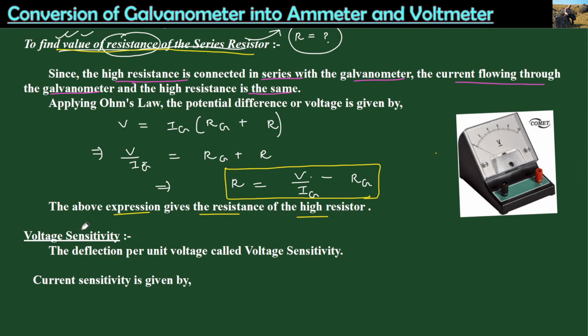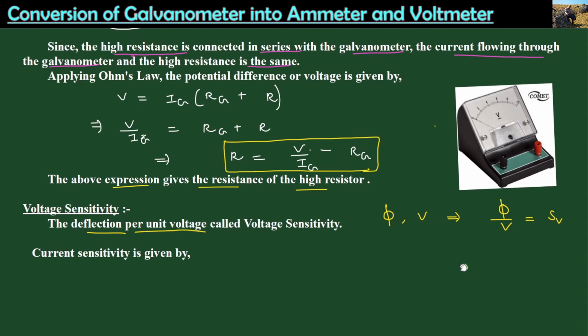Sensitivity is nothing but the deflection per unit voltage, which means that if phi is the deflection and capital V is the voltage, then phi divided by V is what we define as the voltage sensitivity, SV.